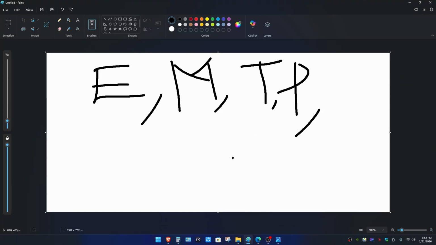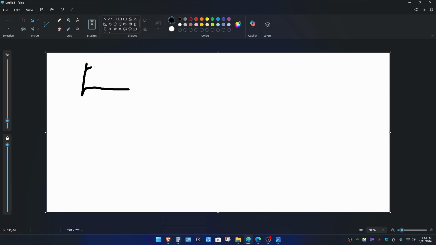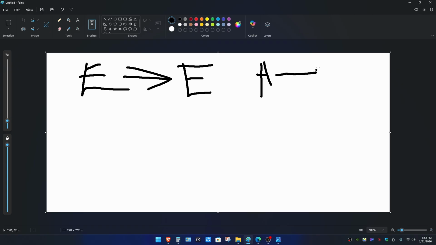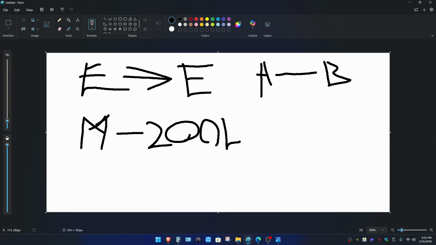An electron can produce a maximum of 1 electron equivalent amount of signal from atom A to atom B. But a muon is about 200 electron equivalents.